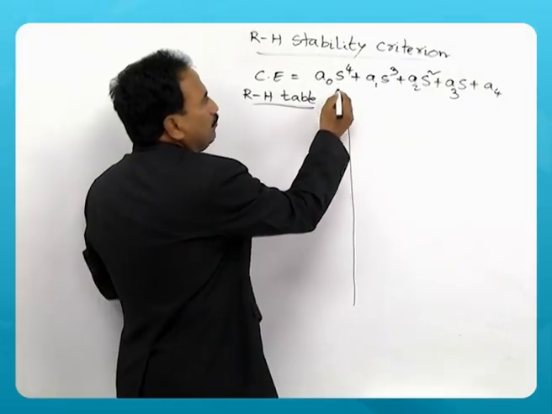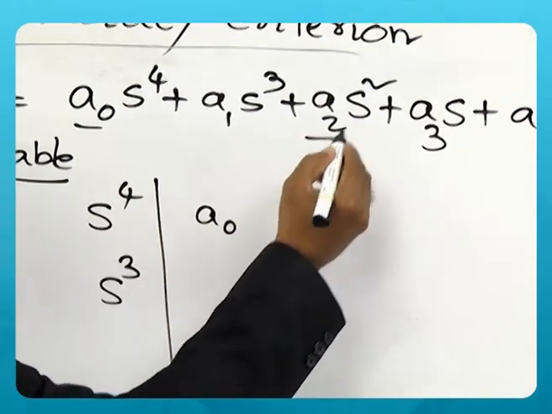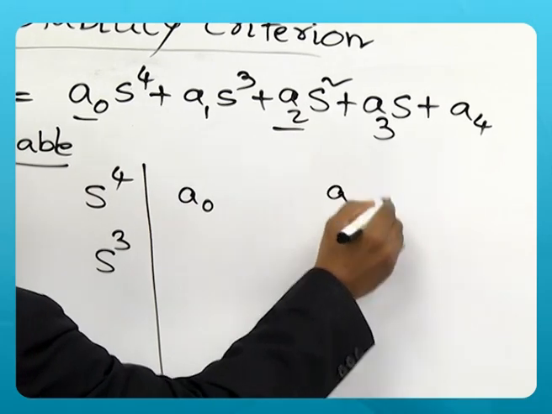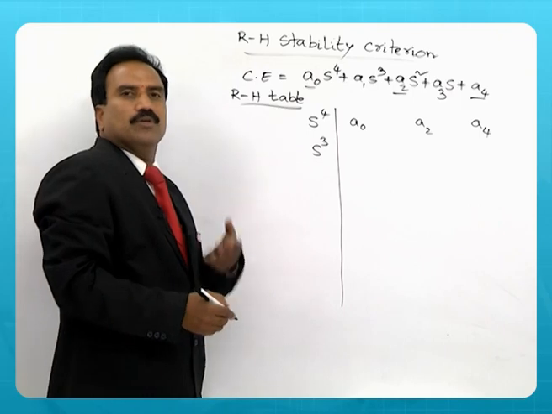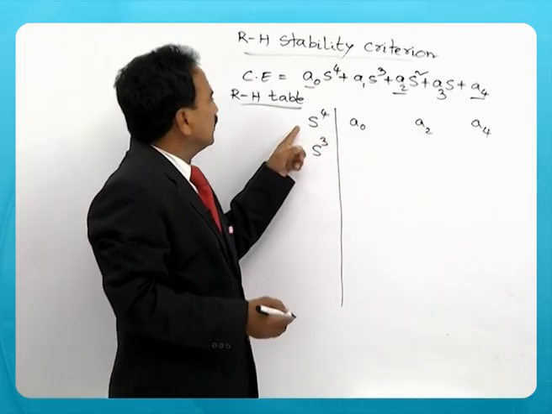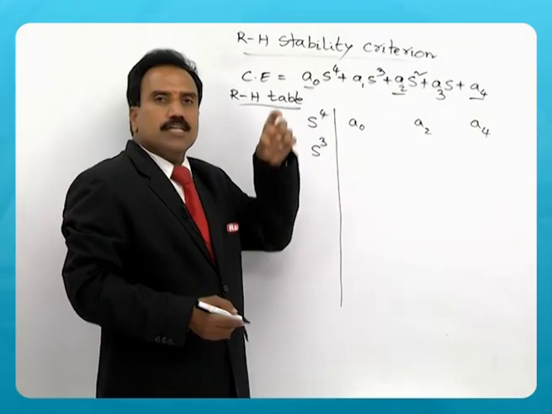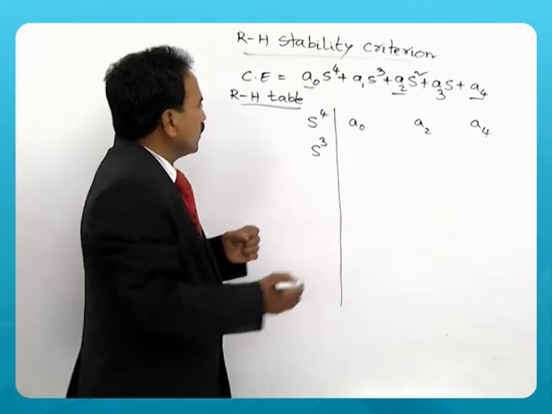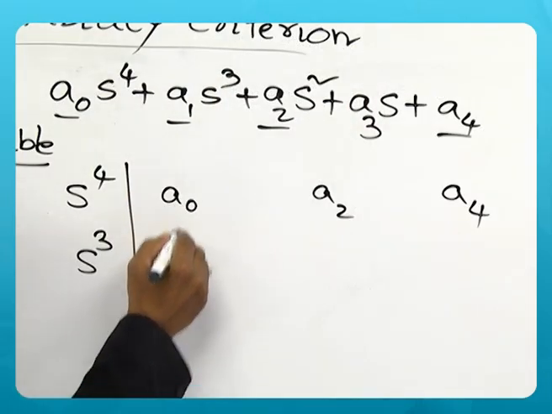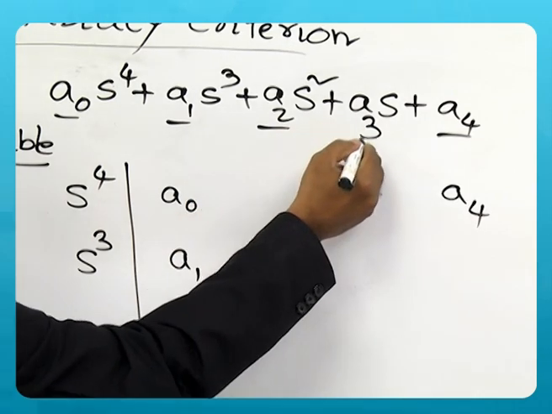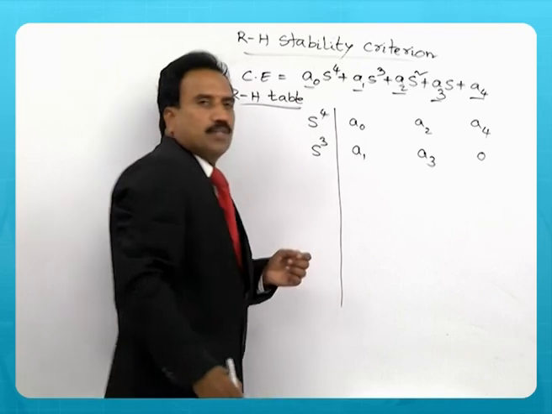The coefficients of S power 4 are A0, S power 2 A2, and the constant A4. The alternate terms must be written in the first row, based on the highest power of the characteristic equation. Next, S power 3: the coefficients are A1, then alternate terms A3, and nothing here, 0.